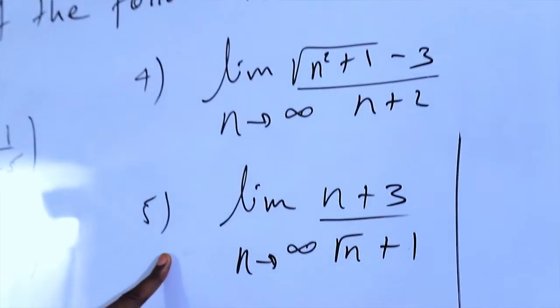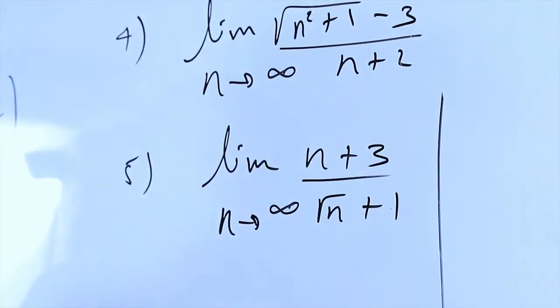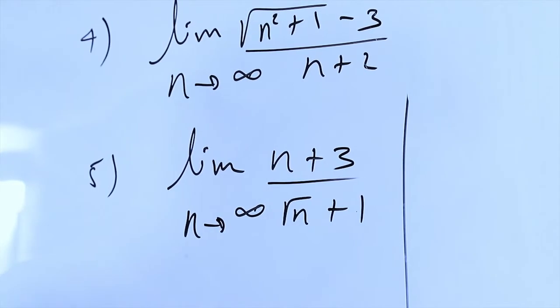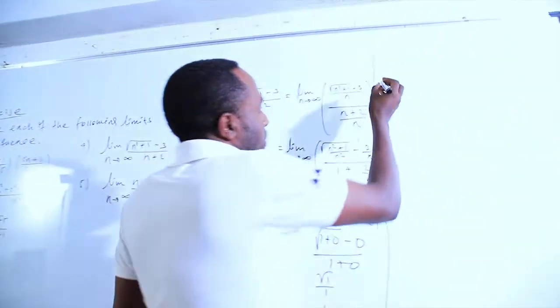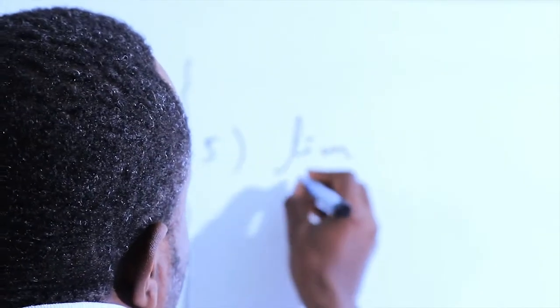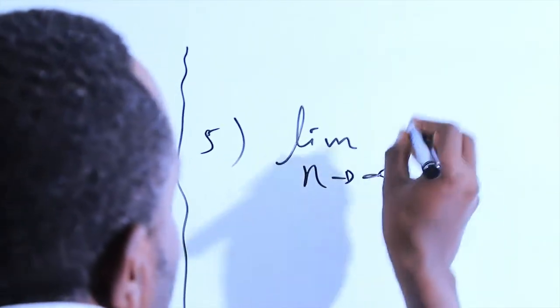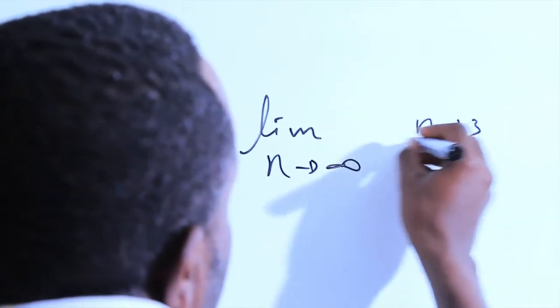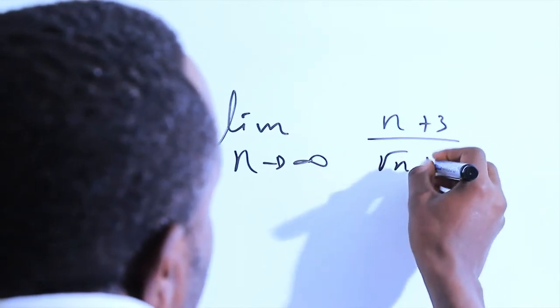Now when you come to the last problem, which is the limit of a sequence n plus 3 over radical n plus 1, as n approaches infinity, we can say here the fifth part: limit as n tends to infinity of n plus 3 over radical n plus 1.